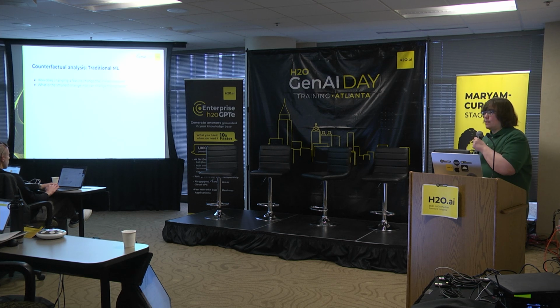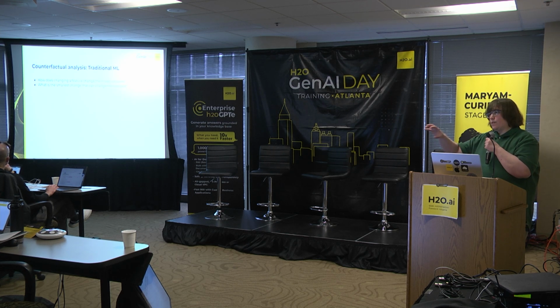In traditional supervised learning, we want to be able to test how much you can change different features in order to get a change in the model outcome, just to get an idea of how robust an outcome is. For example, with credit card default, how close is the person to changing their outcome? Counterfactual analysis can give people an idea of what they would change if they wanted to change, say, a credit card approval.